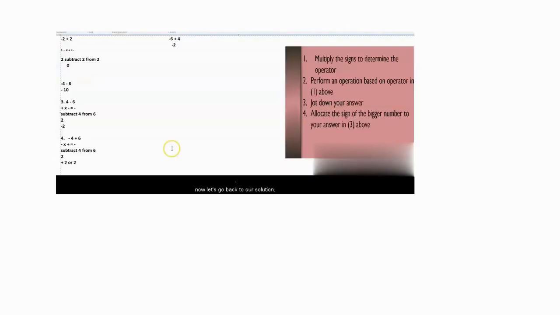Now let's go back to our solution. I have to delete this for now. Now I will look at the next one, which is minus 5 minus 5.